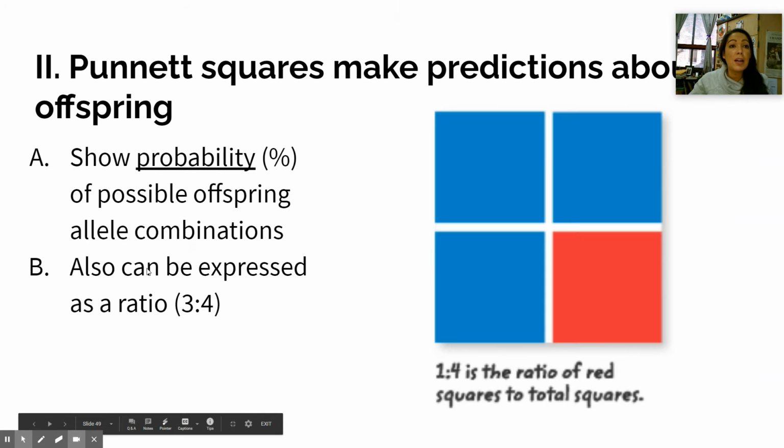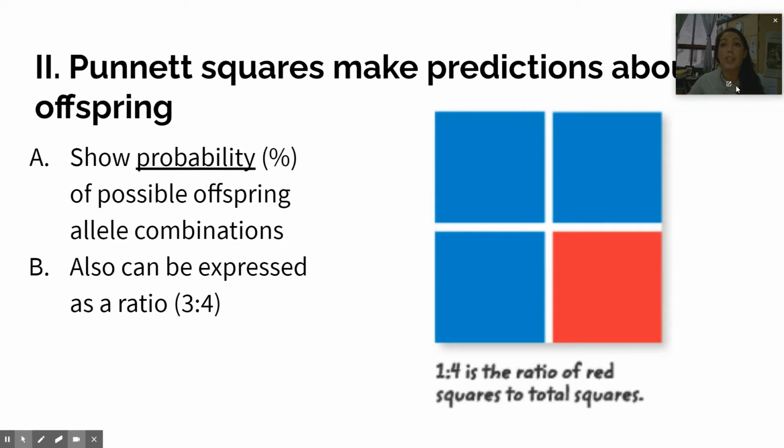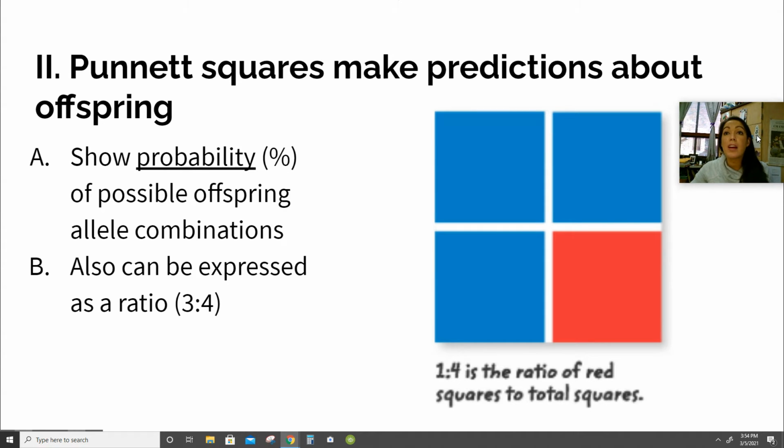Punnett squares, like I said, they're just used to make predictions. They are not to give exact, for sure outcomes. They're just showing probability. So if I'm going back to that round and wrinkled example from the last slide, every time those parents combine their alleles, so every time they cross-pollinate, they have a 25% chance of having a wrinkled offspring.